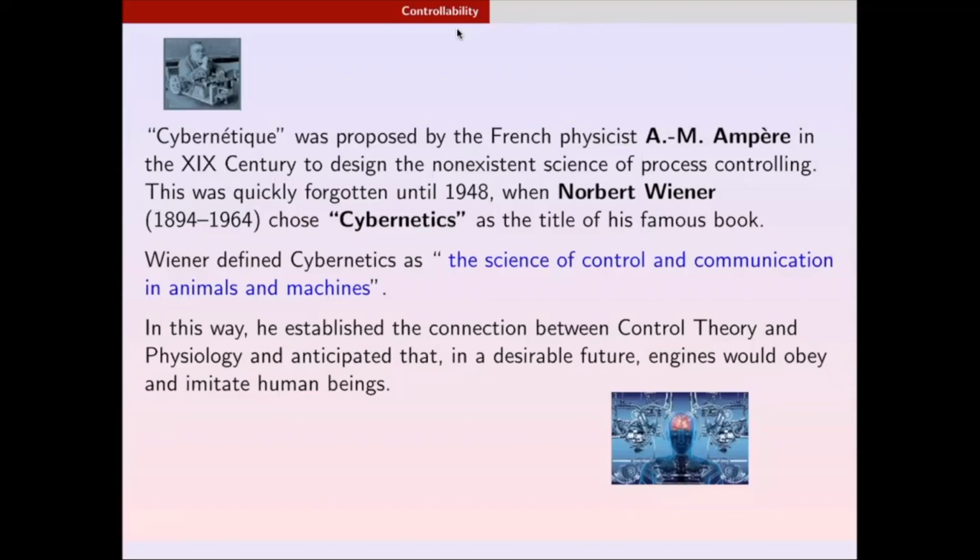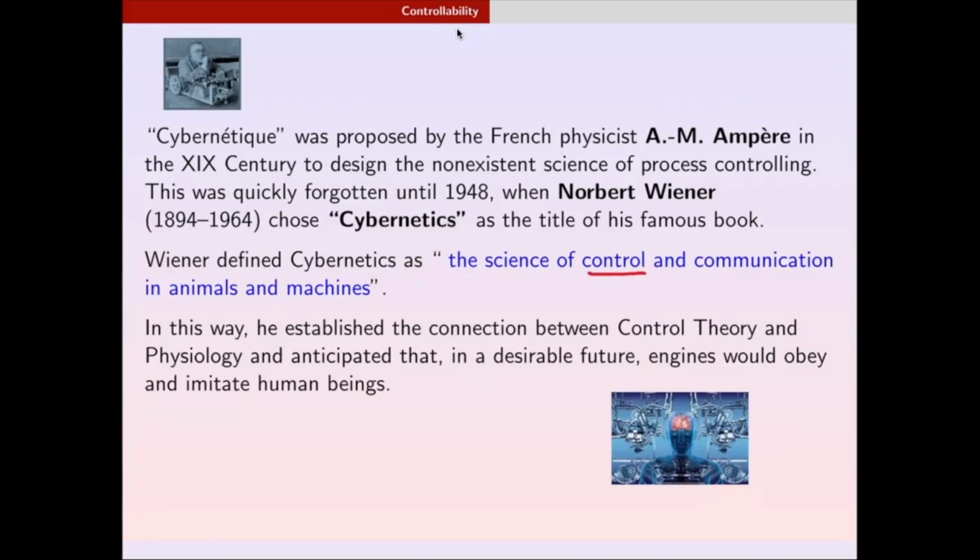So there is actually the concept of cybernetics that was coined by the French physicist Ampère, but it was only when Norbert Wiener, in his book Cybernetics, in the first half of the 20th century, recast the concept, further developed it, and defined cybernetics as the science of control and communication in animals and machines.